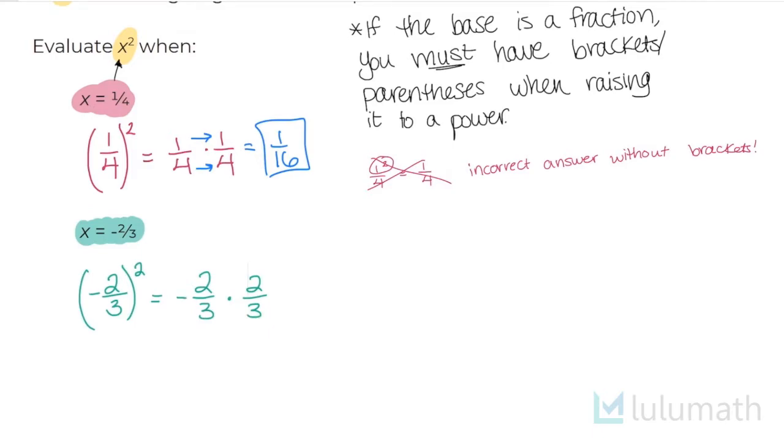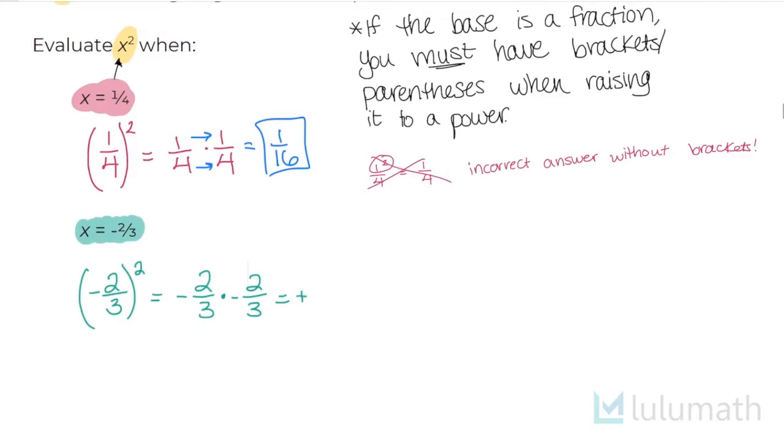So I will put the negative in front of the fraction. So essentially, I have a negative multiplied by a negative, and that will turn into a positive. And then 2 times 2 gives me 4. 3 times 3 will give me 9, so I get +4/9. So 4/9 is my final answer.